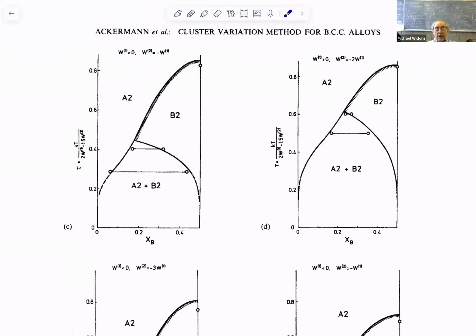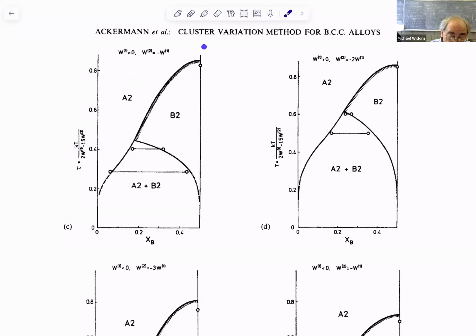And in the Ackerman paper, they assigned various energy interactions to the different nearest and next nearest neighbor pairs. And then they looked as a function of temperature and concentration, looking only here at binaries. They looked at different phase diagrams. And you see, well, at high temperature, you always get the fully disordered BCC structure.